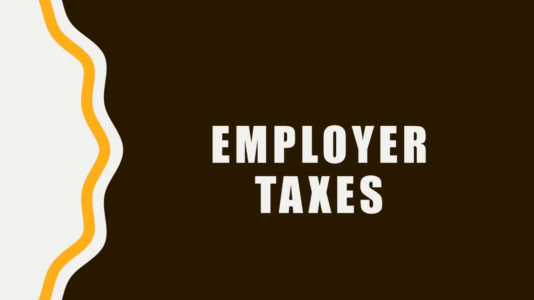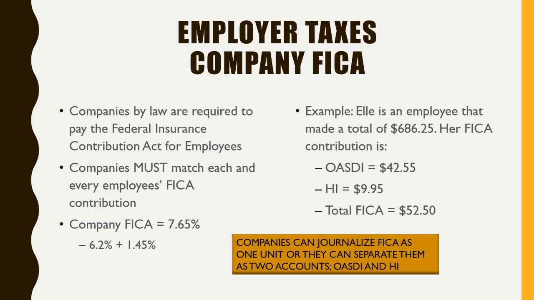Now, we have another section, because as an employer, we also have a responsibility to pay our taxes for having employees. So what are those taxes? The first tax that a company is responsible for is to match the employee's FICA.